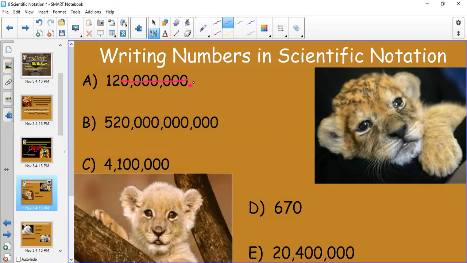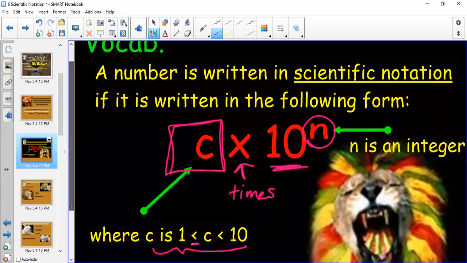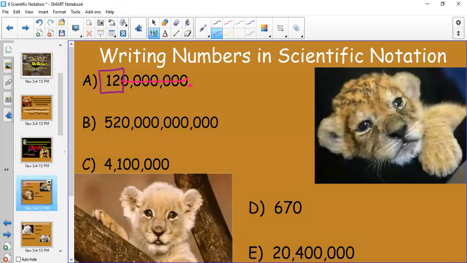I am looking at this number that's left, which is the number 12, and I need to make this in scientific notation. For that to be the first number, C, it has to be between 1 and 10. It's not, but I can make it between 1 and 10 by putting in a decimal. So I just added in a decimal there to make that number 1.2.